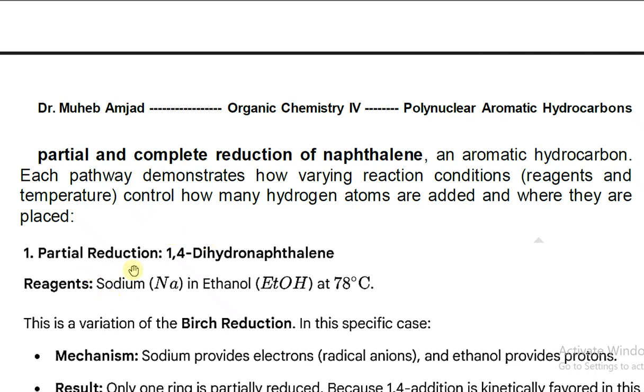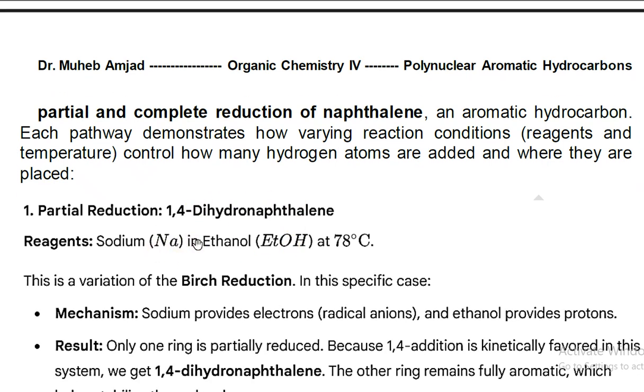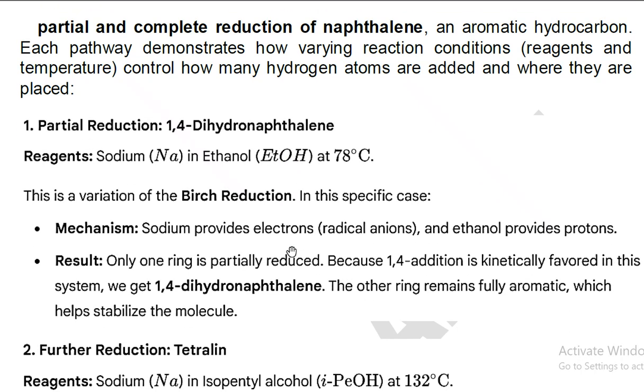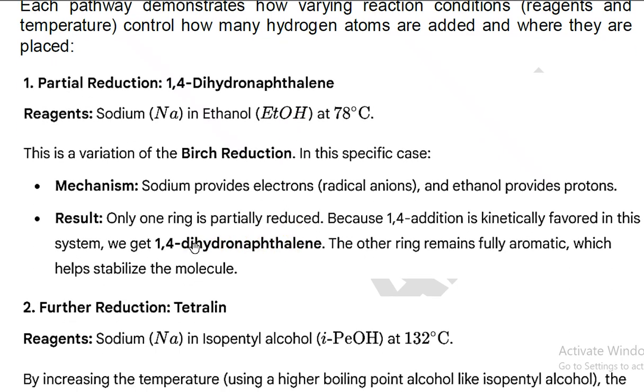So the partial reduction, as I said, will give you 1,4-dihydronaphthalene, with the reagent sodium and ethanol. The ethanol here is the solvent, and it is also the source of hydrogen atoms.